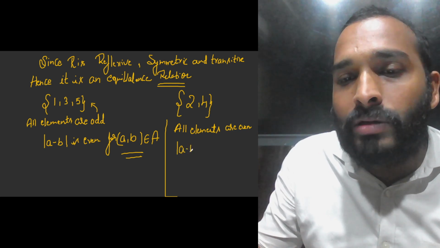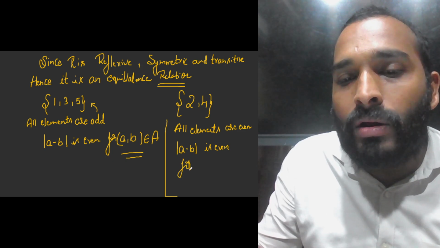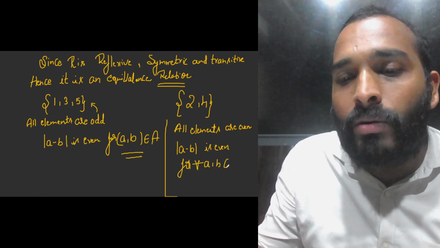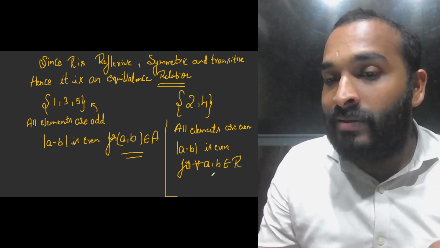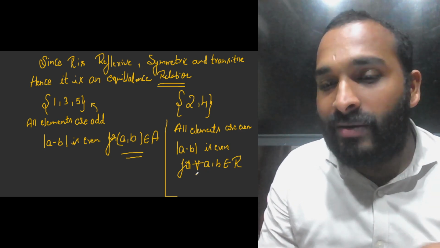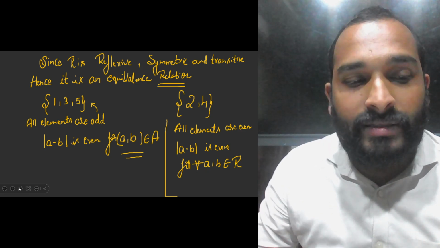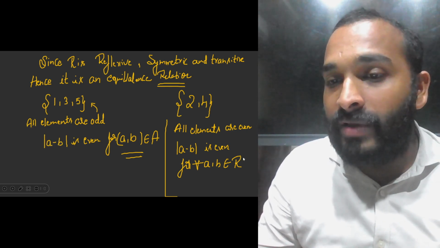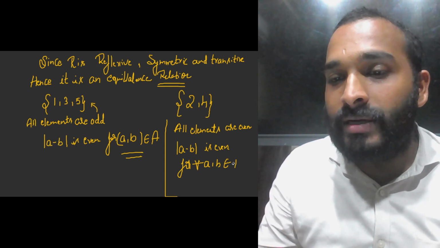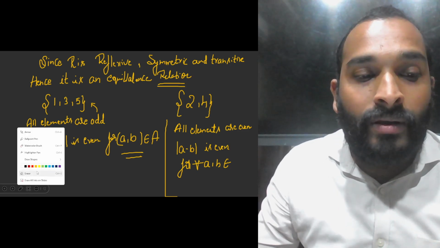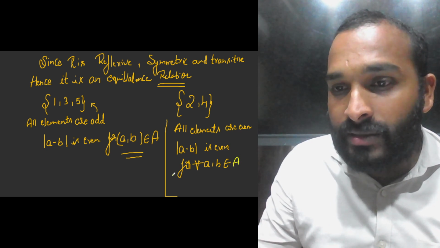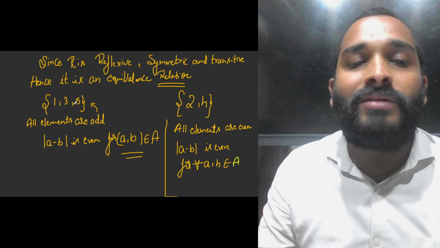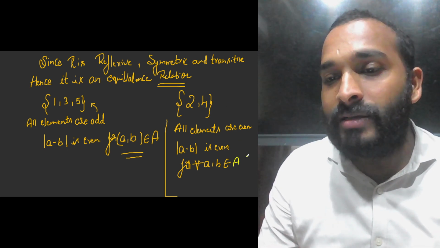So, modulus of A minus B is even for every A comma B belongs to R. Yes, belongs to the set A as well as R. Yes, children, here let us write set A for every A comma B which belongs to set A. Now tell me, is there a relationship between set A and set B? Let us consider this as set A or this as set A dash. Let us take this as A dash.